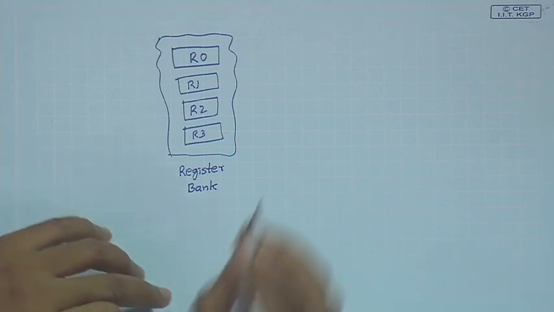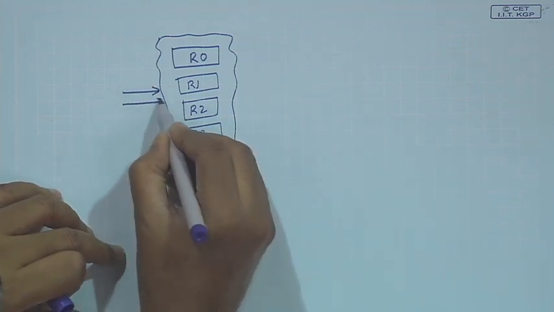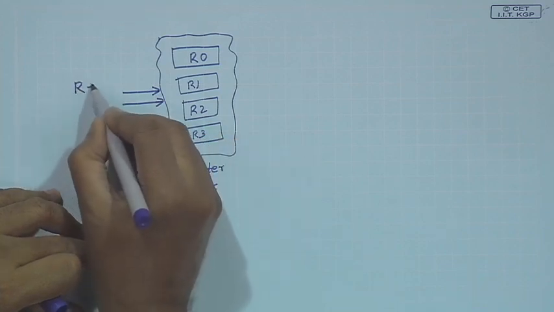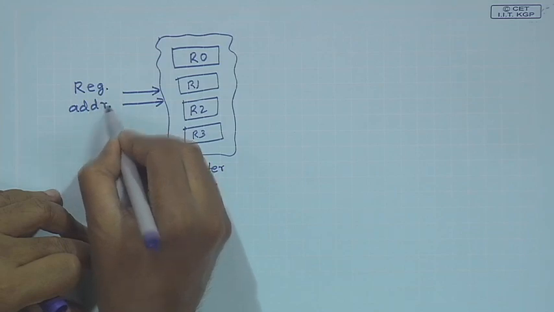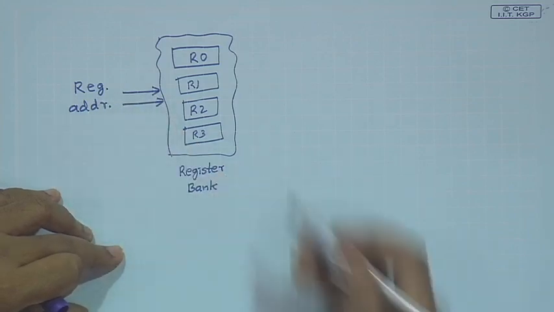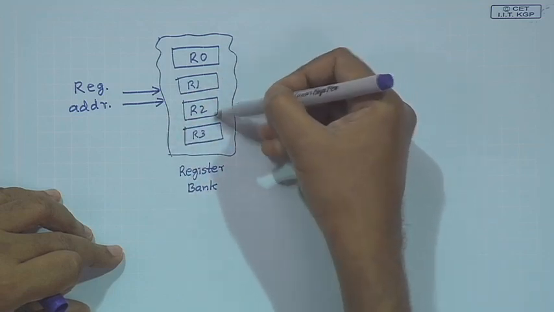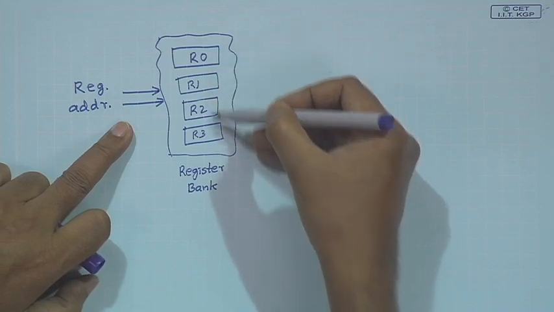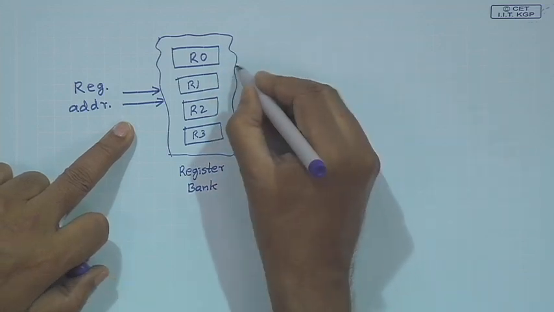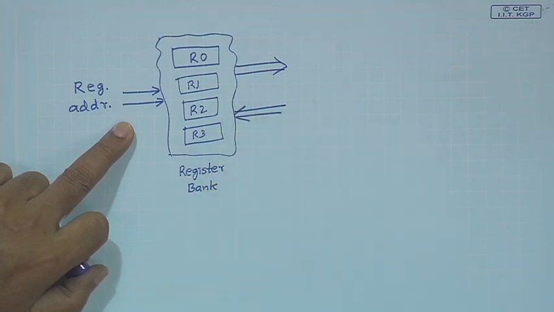Now, in this register bank, from outside I can specify a 2-bit register address, because there are 4 registers, and in 2 bits I can specify R0, R1, R2 or R3. With this register address I select one of the registers and then I can either read or write into that register.